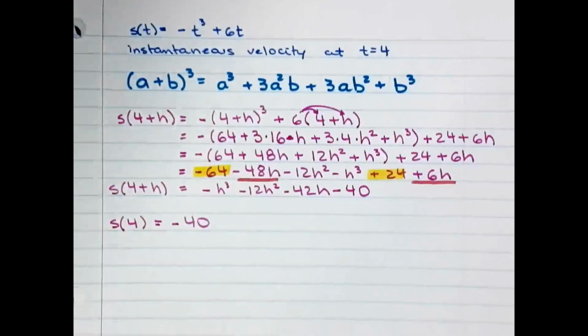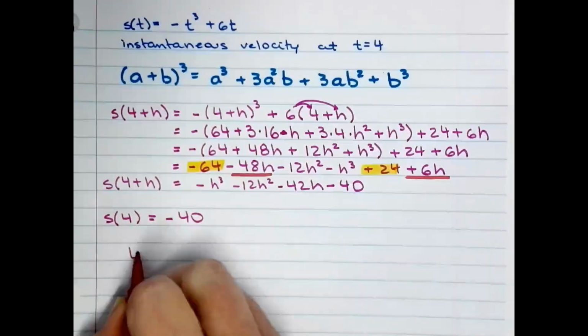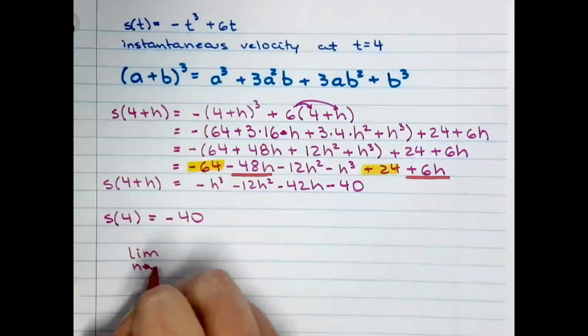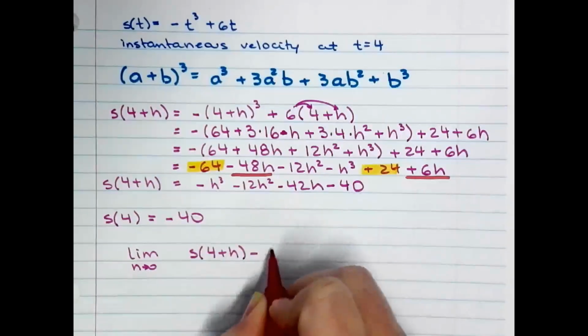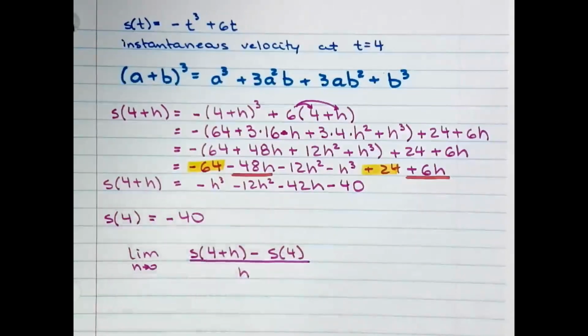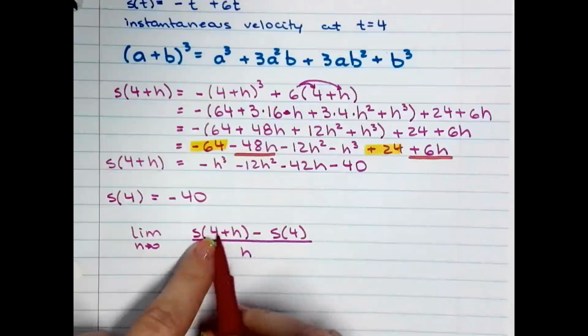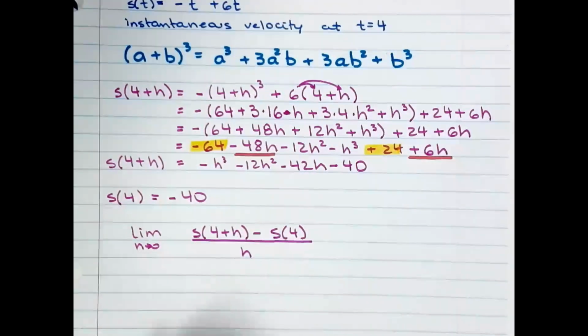All right, now I have everything I need to start my problem. So limit as h approaches 0, I have that minus that, everything over h. Substitute all that for s of 4 plus h.